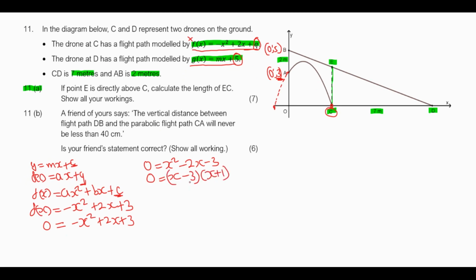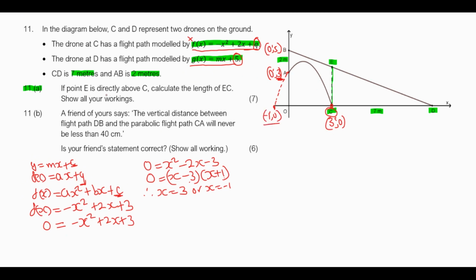Check: negative 3 plus 1 is negative 2, and negative 3 times 1 is negative 3. Therefore, x is equal to 3 or x is equal to negative 1. So the coordinates of C are 3, 0. The other is negative 1, 0, but we don't need this.